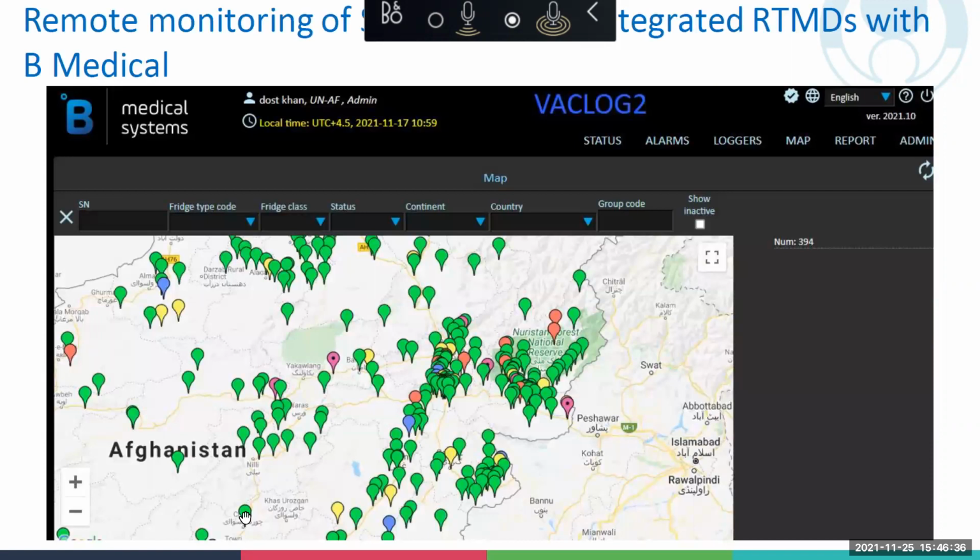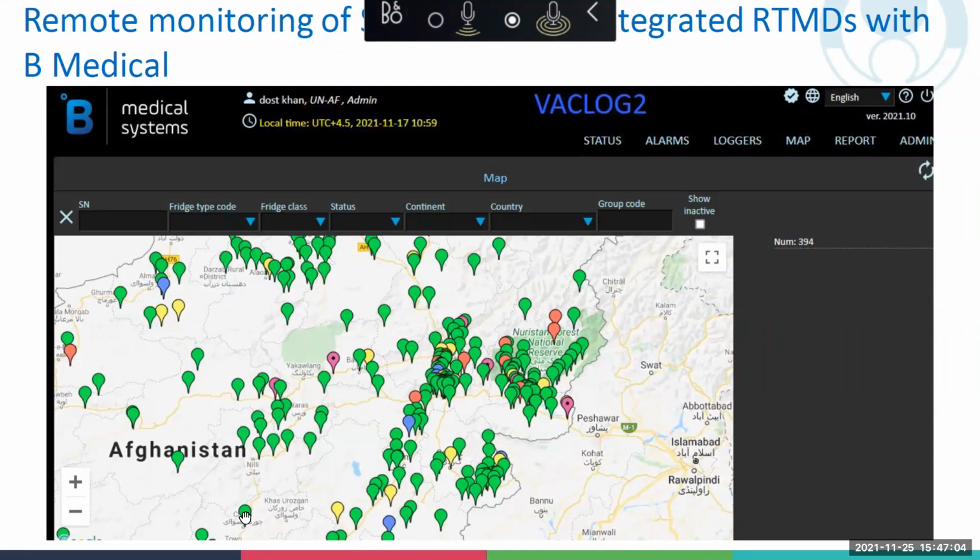So this is a map showing all the installed SDDs at different locations across Afghanistan. As you can see, each of these balloon-like dots shows an SDD. The green color shows that the equipment is working optimally, but the other colors like red, orange, blue, and purple show that there is a problem with this equipment.